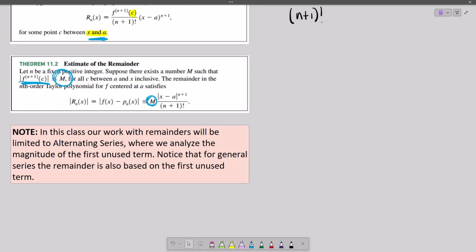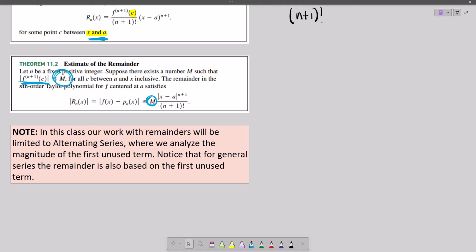When you get into higher level courses and you have to deal with error, you will come back and wrestle with this remainder theorem, especially in differential equations or partial differential equations classes. You will deal with the remainder and figure out good, efficient ways to bound the n plus first derivative.